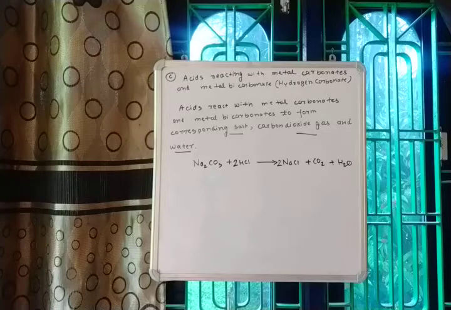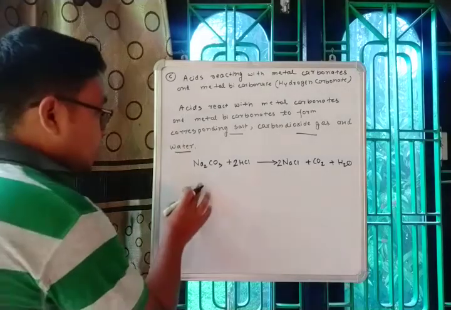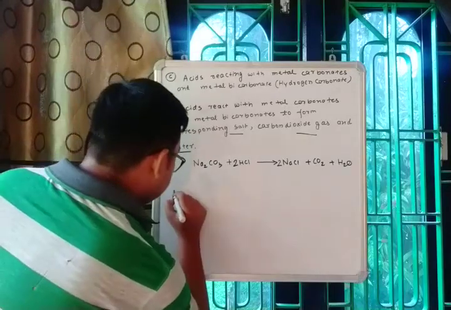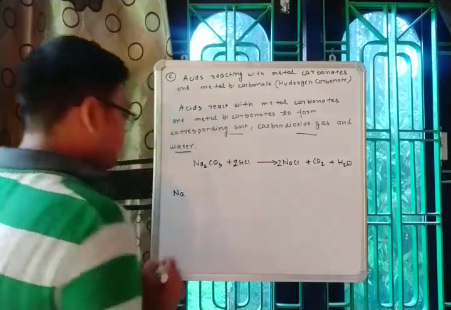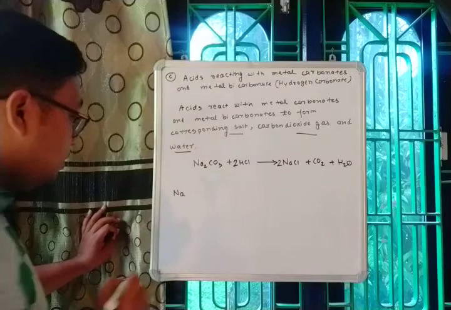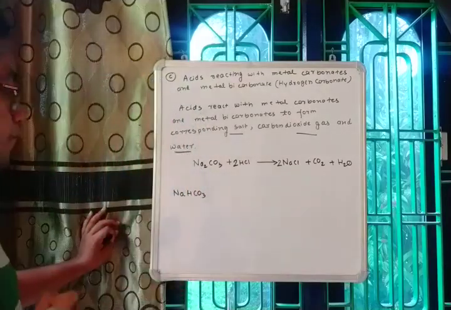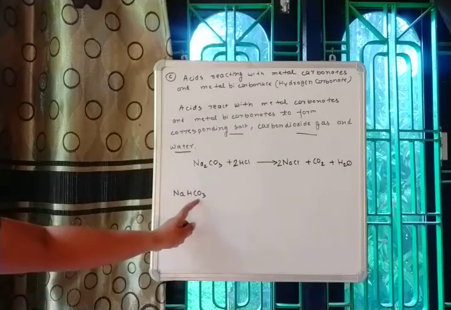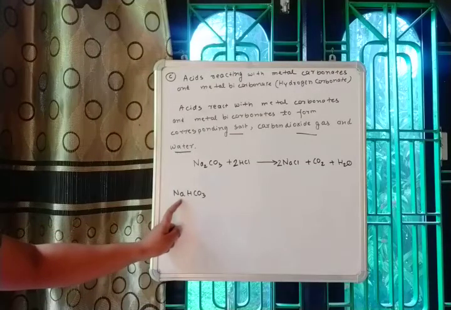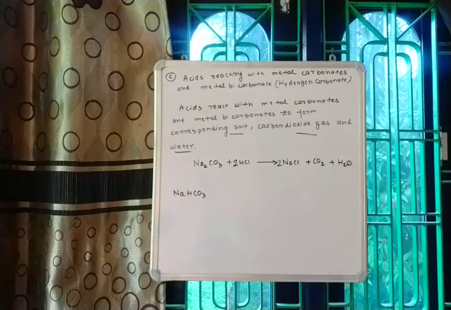Now we will write another reaction where we will show the reaction of acid with metal bicarbonate. So let's take the bicarbonate of the same metal. We will take sodium bicarbonate, NaHCO3. This is bicarbonate and this is sodium, so this will be called sodium bicarbonate.